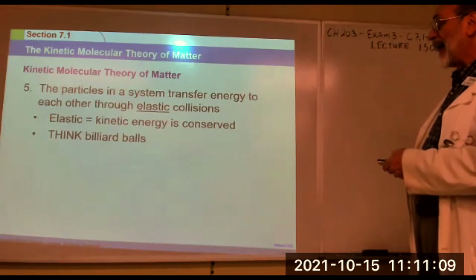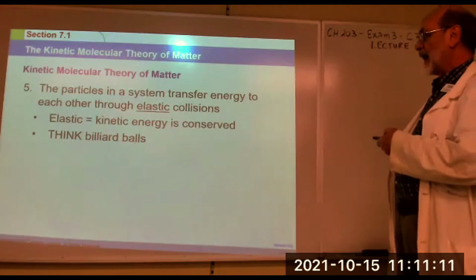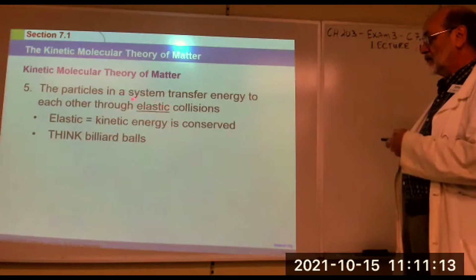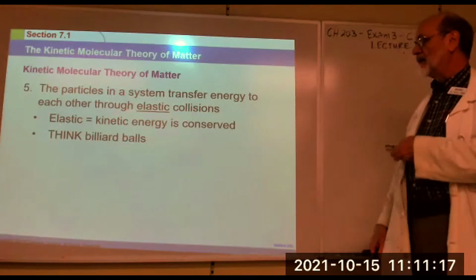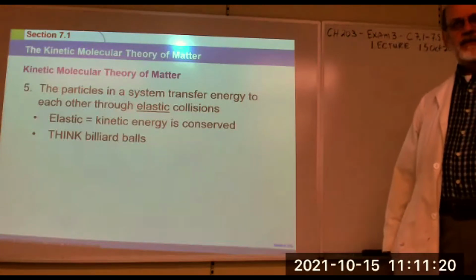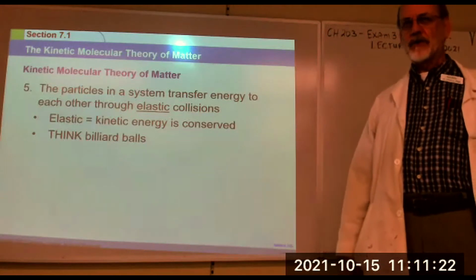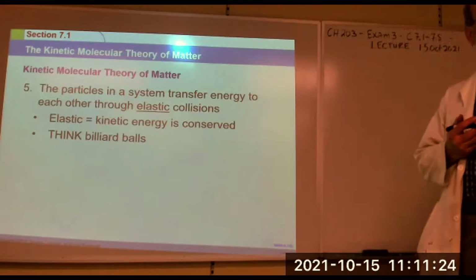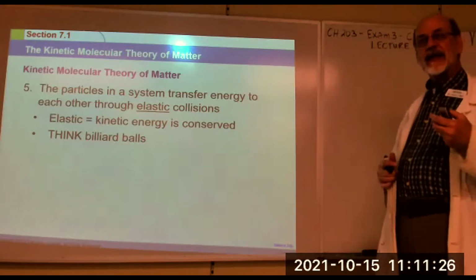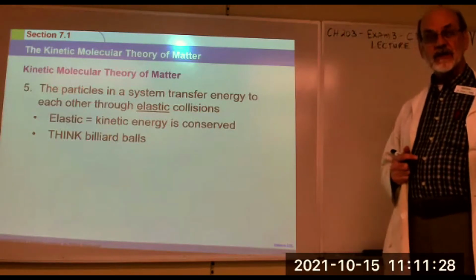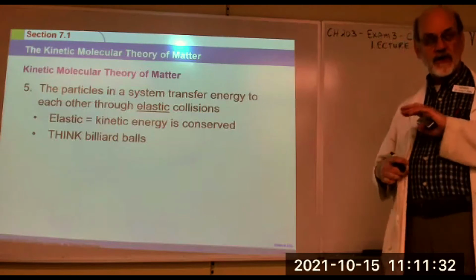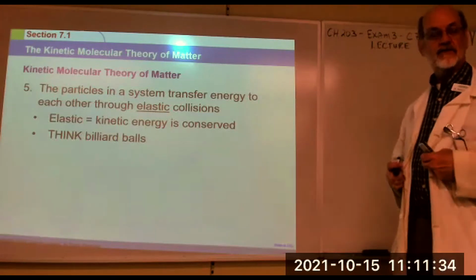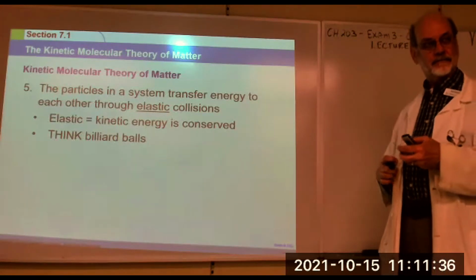So when they collide, energy can be transferred by these collisions. And an elastic collision, anybody had physics? The definition of an elastic collision is one in which the kinetic energy before the collision is exactly the same as after the collision. You've lost nothing in terms of kinetic energy.